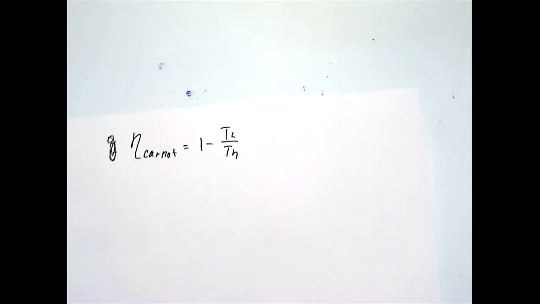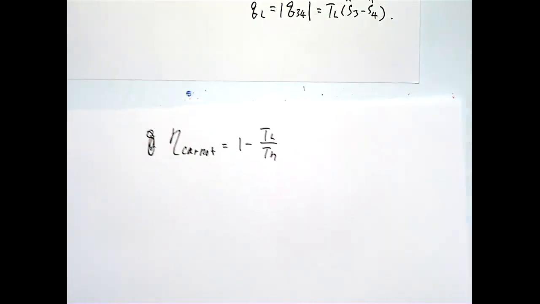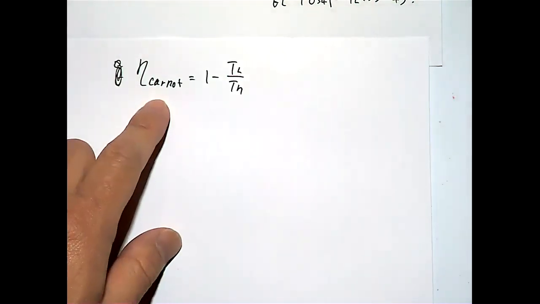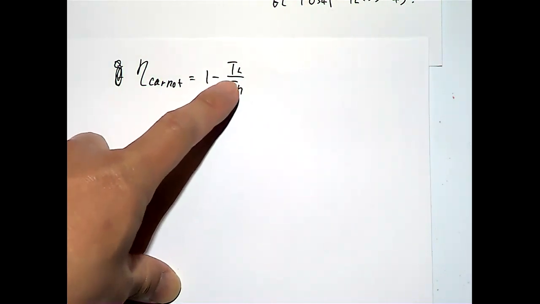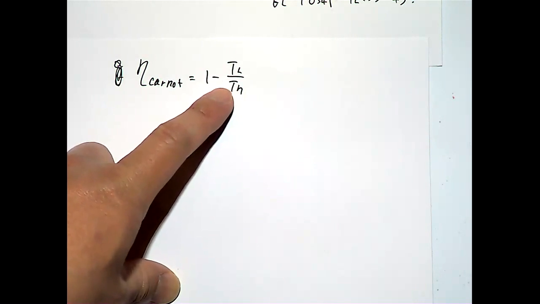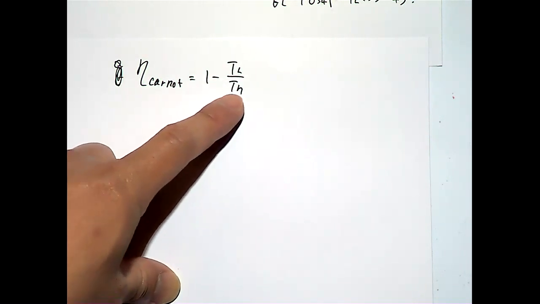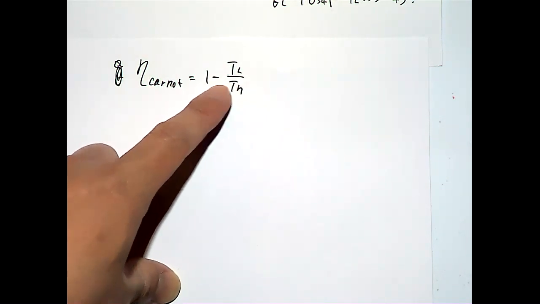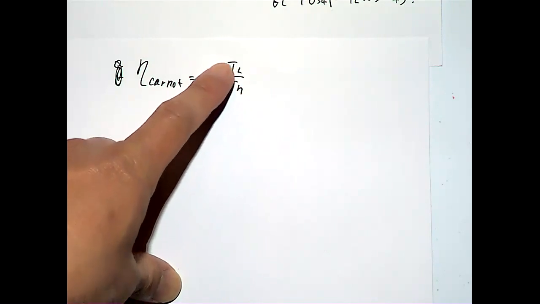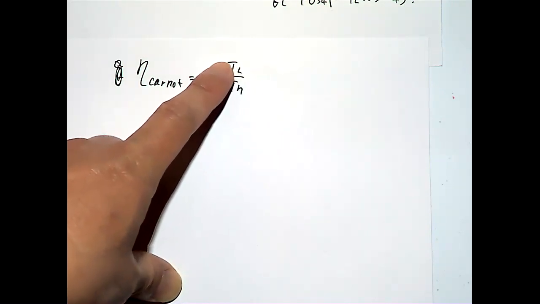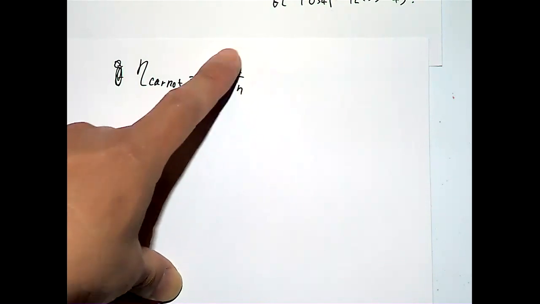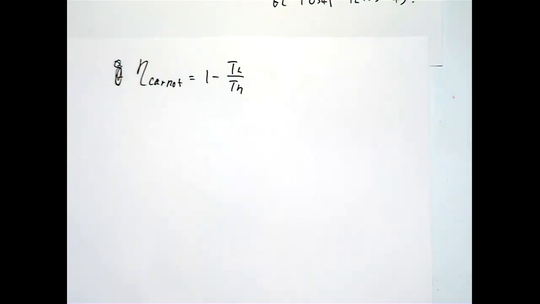This is saying that for the Carnot cycle, the theoretical efficiency for a heat engine is limited by the temperature ratio of the cold reservoir versus the hot reservoir. If you can make the hot side hotter, this term will become smaller, and the efficiency will go up. If you can make the cold side colder, this term will also become smaller, and the efficiency will go up.